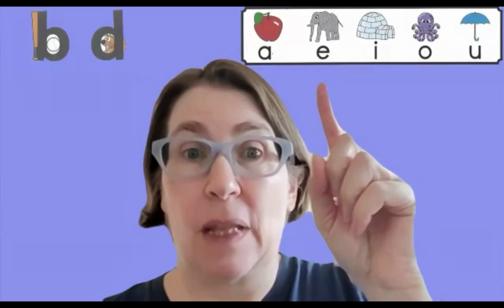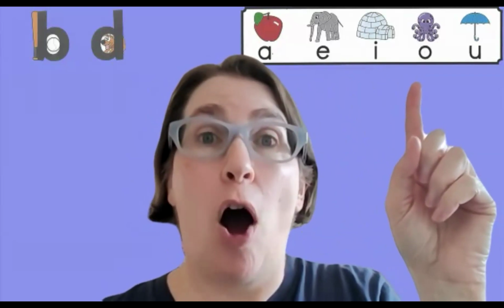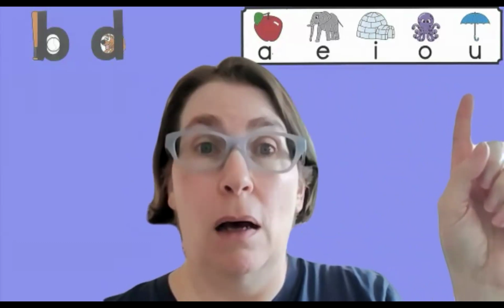If there's an E, it will sound like eh. If there's an I, it will sound like ih. If there's an O, it will sound like aw. And if there's a U, it will sound like uh most of the time. You probably already know it's rare for something to be true 100% of the time in English words. But most of the time, if you're looking at a closed syllable, you're dealing with a short vowel sound.